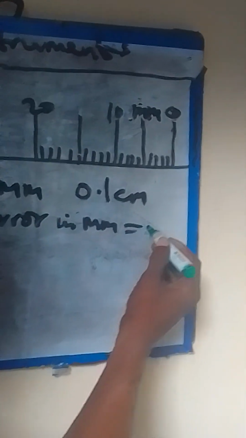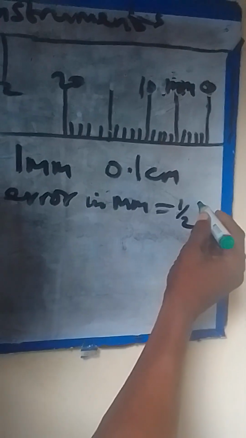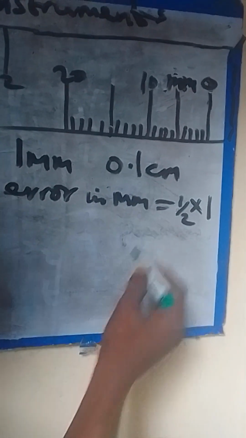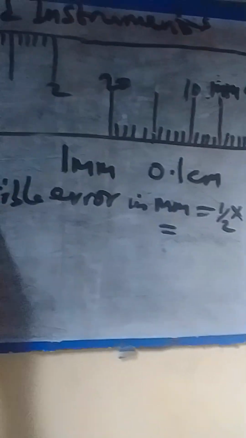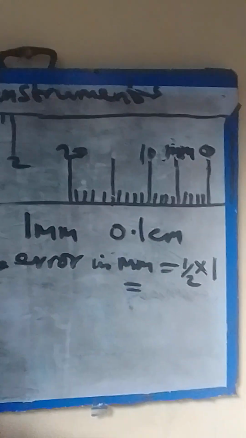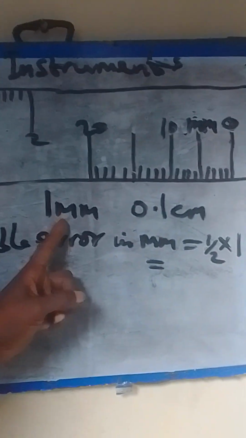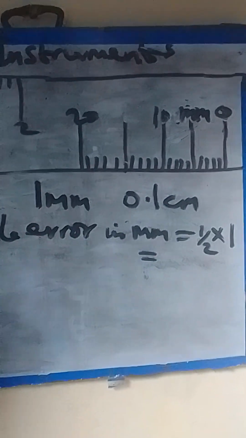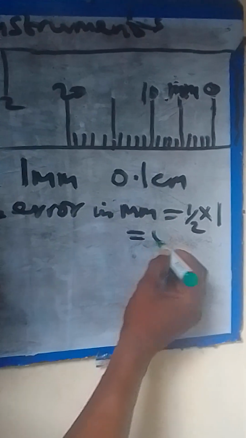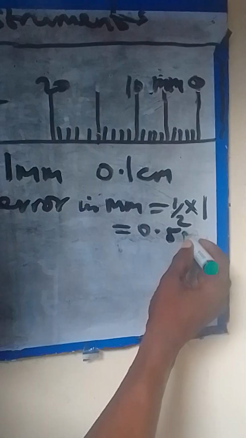It is going to be half times 1. So you now see that the least possible error of a meter rule or a measuring tape in millimeters is half times the smallest division, which gives us 0.5 millimeters.